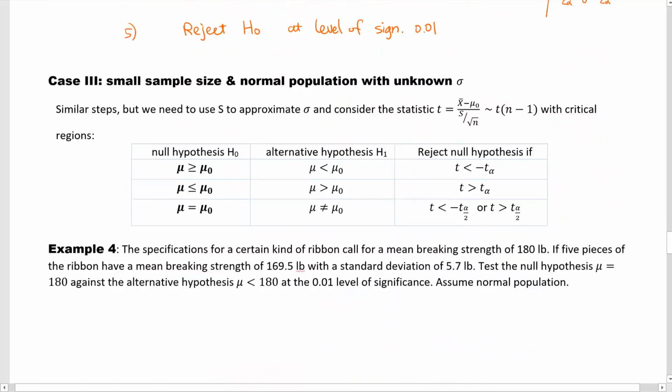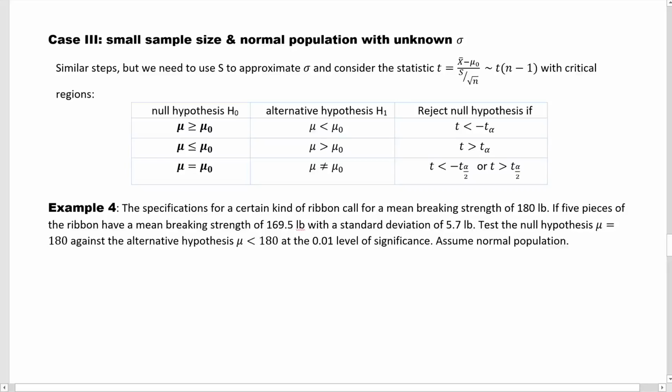Case 3. Small sample size and normal population with unknown sigma. Similar steps, but we need to use the sample standard deviation to approximate the population standard deviation. And we also consider the t distribution instead of z. The degrees of freedom is n minus 1.